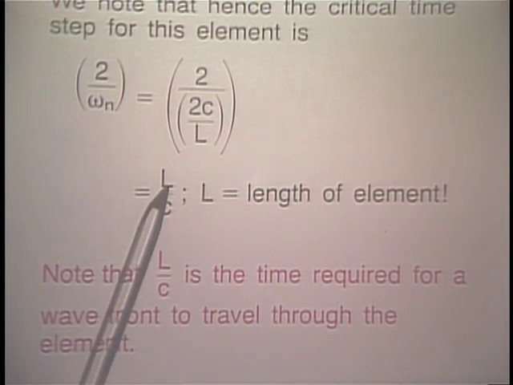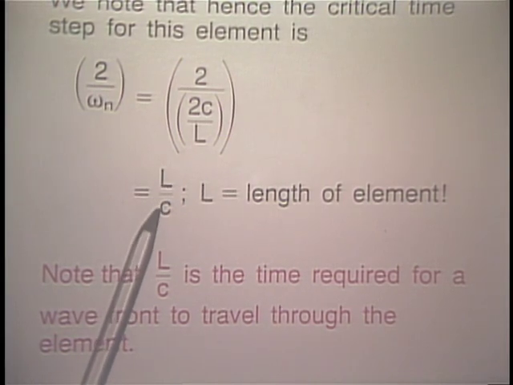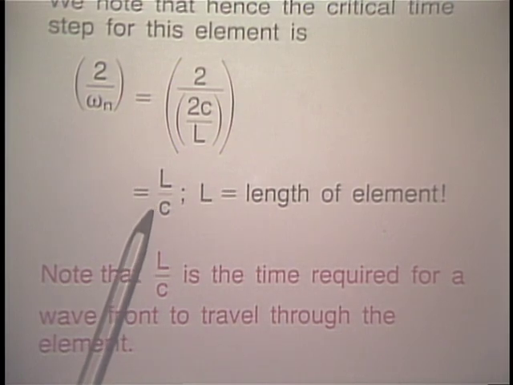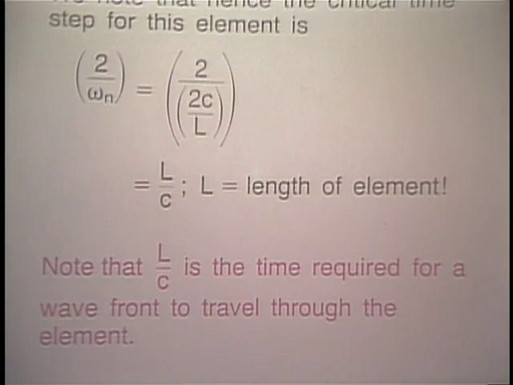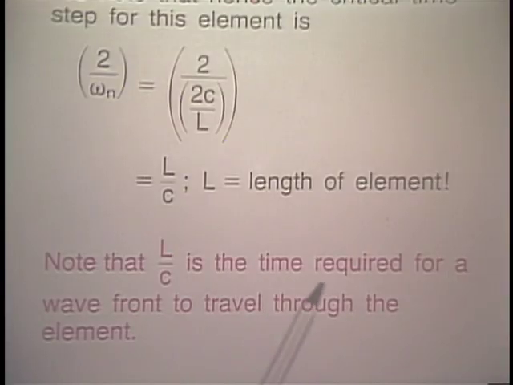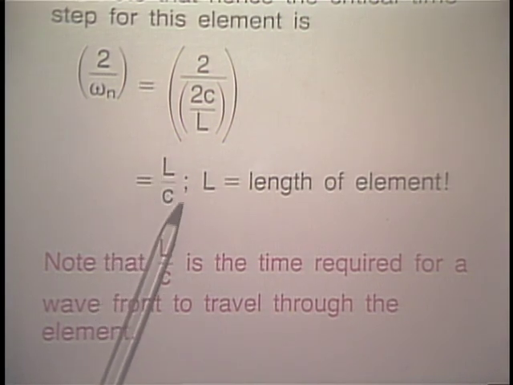L, of course, would be an element length. c would be the wave speed through the element. And we want to use the smallest value of L over c, looking at all the elements, as the time step for our time integration. Notice here that L over c is the time required for a wavefront to travel through the element. That is, of course, a physical interpretation of this L over c value.